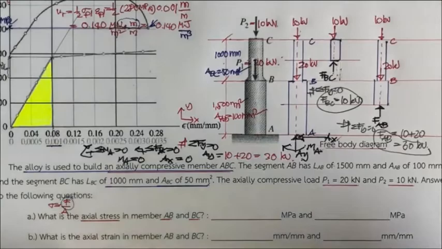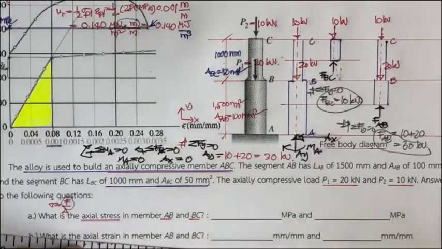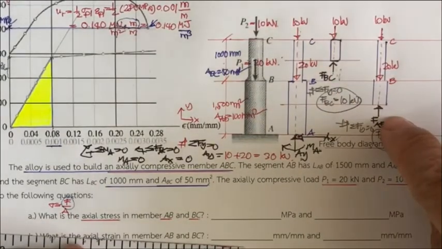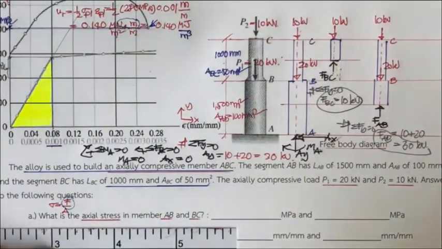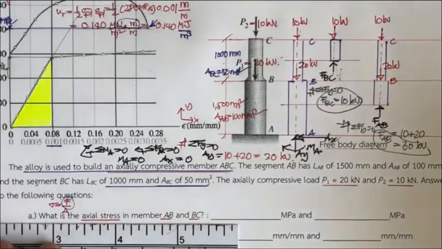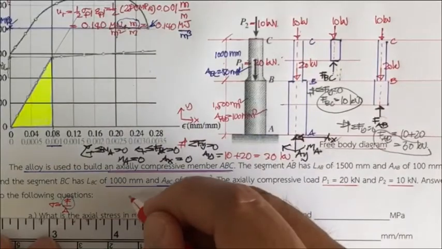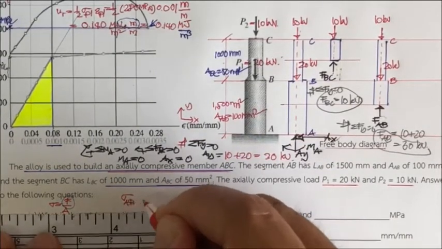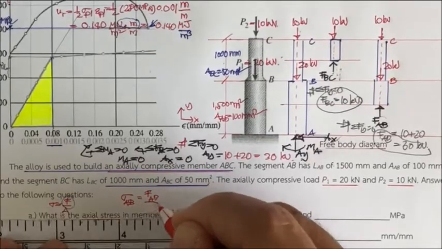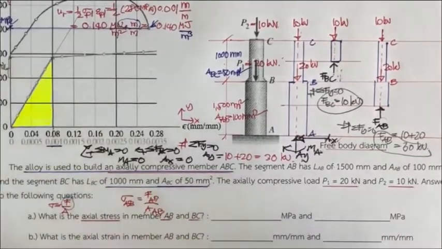So what we have is the portion BC is here, AB, so we start with the stress for the portion, sigma sub AB. So we have sigma sub AB equal to F sub AB divided by A sub AB.